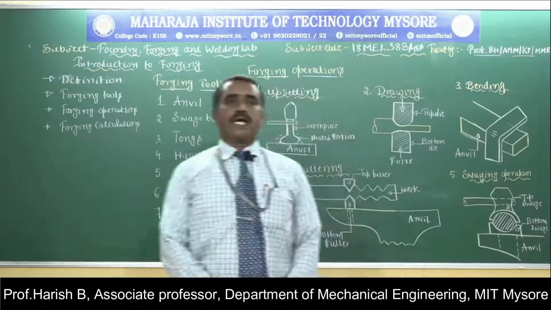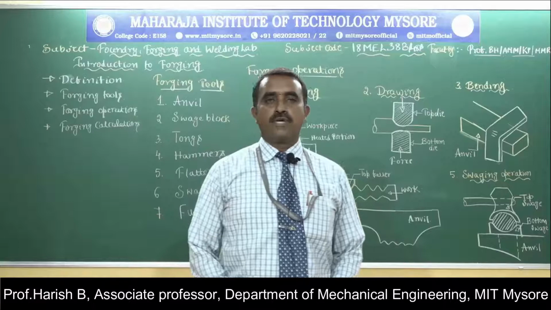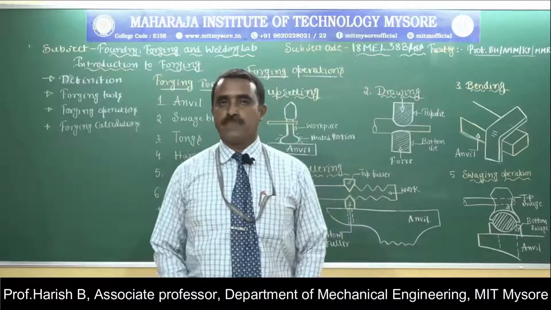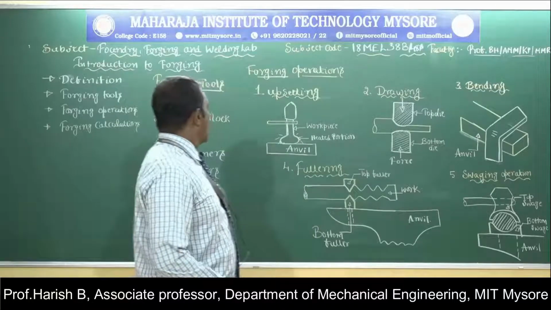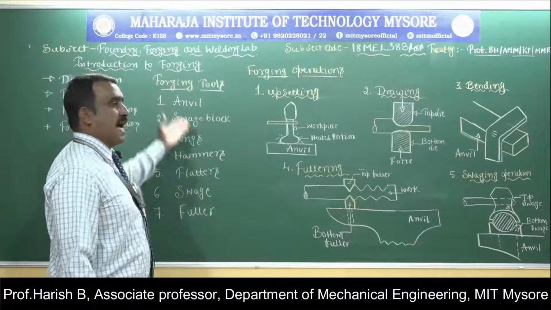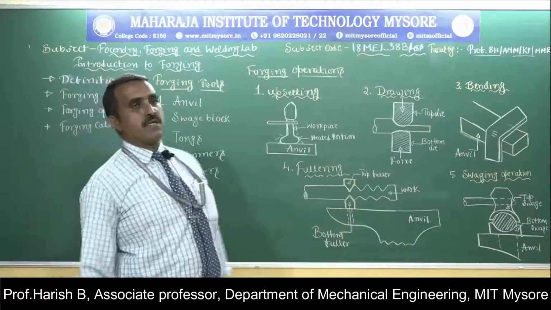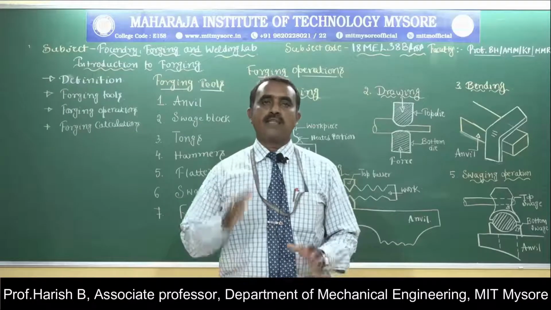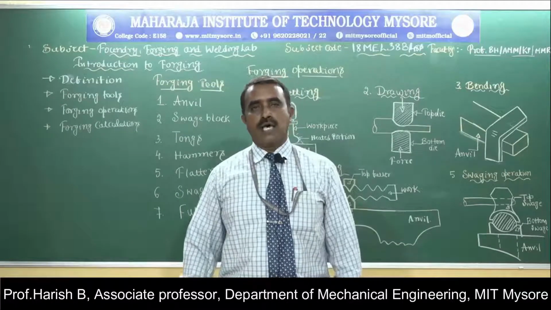What are the tools that have to be used in order to carry out the different operations in forging? The first tool is the anvil. The anvil is the support on which the material is placed for applying the required external force.